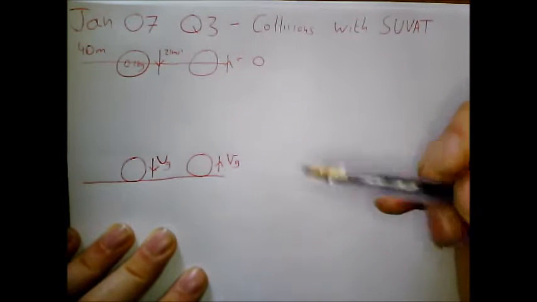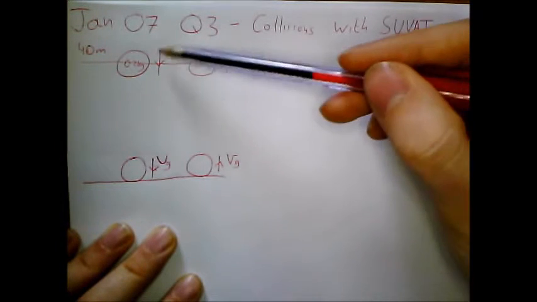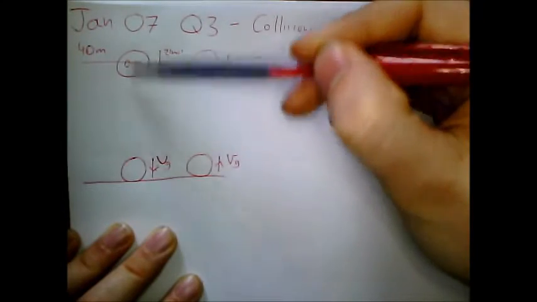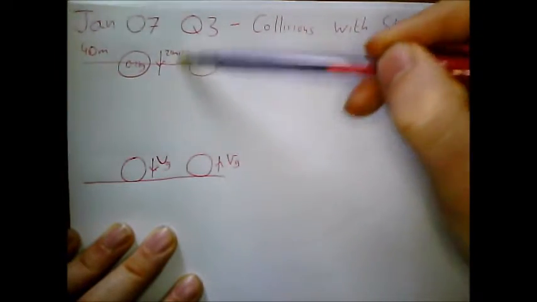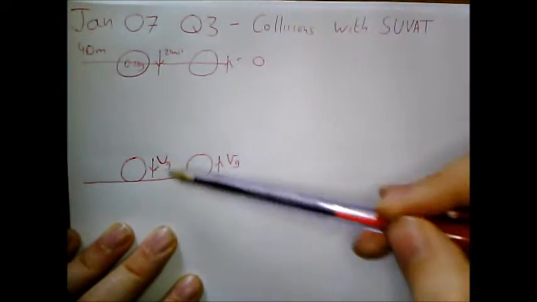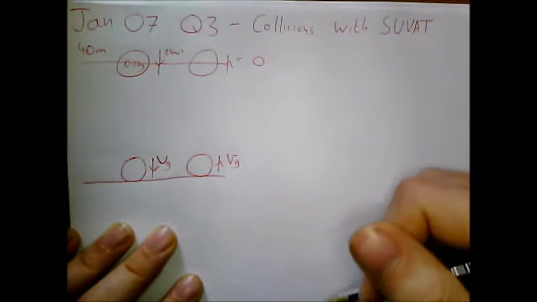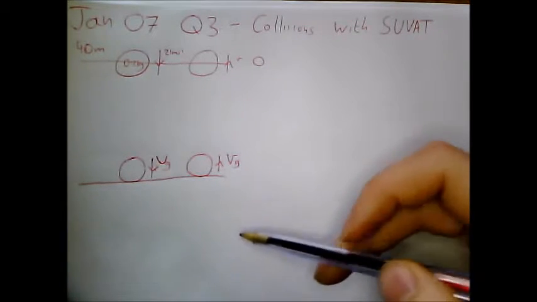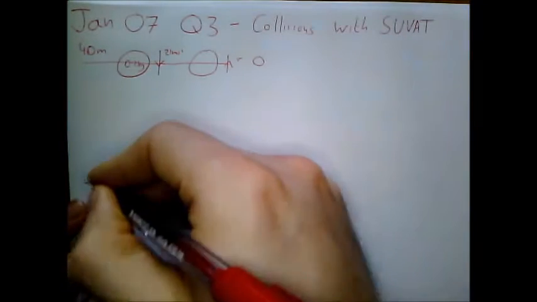Okay, and we have enough information here to do SUVAT, because we have an acceleration due to gravity, we have an initial speed, we have a distance, and we want the velocity at which x is 0.